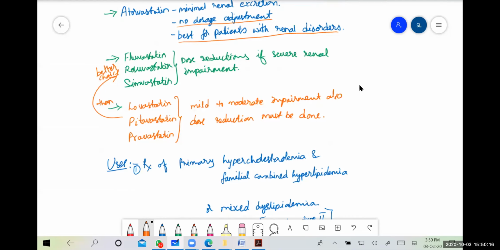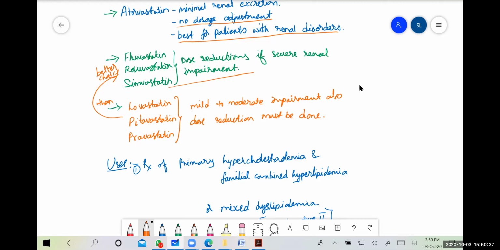Then for drugs like fluvastatin, rosuvastatin and simvastatin, dose reductions are needed if there is severe renal impairment. In case of lovastatin, pitavastatin and pravastatin, we need to reduce the dose even if there is mild to moderate impairment.